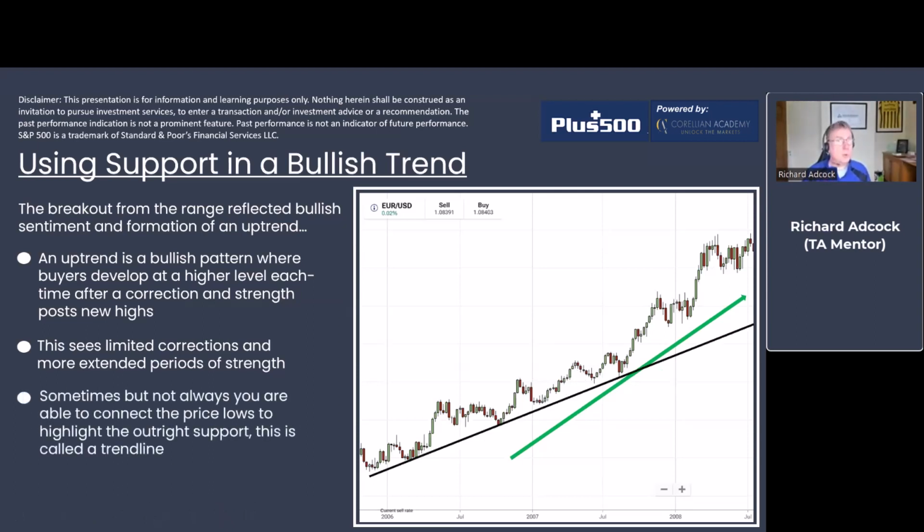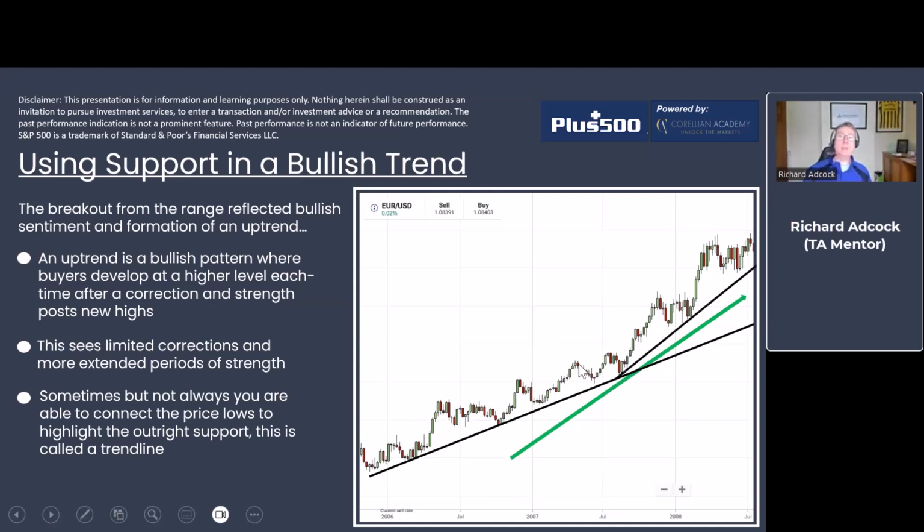Sometimes, but not always, and don't be too concerned if it isn't available, you can draw a line that connects the lows that acts as a support point. So it highlights the area where we anticipate buyers to be found again. This is called a trend line, in this case an uptrend, to reflect that support point and the ongoing bullish sentiment within price activity.